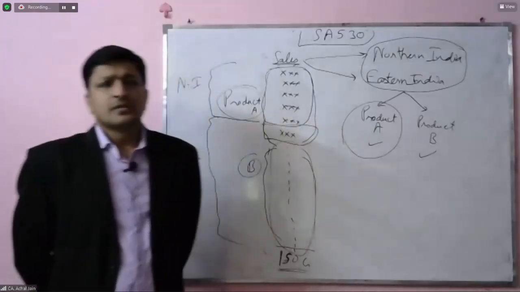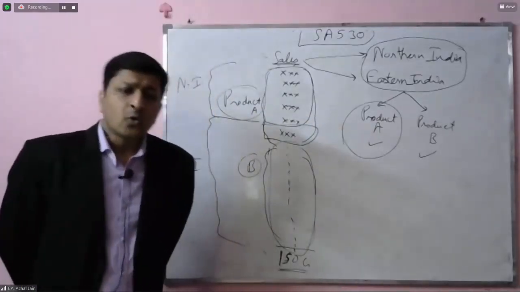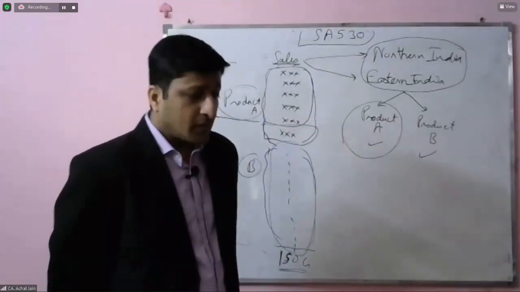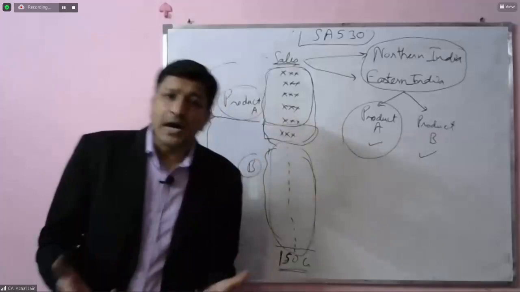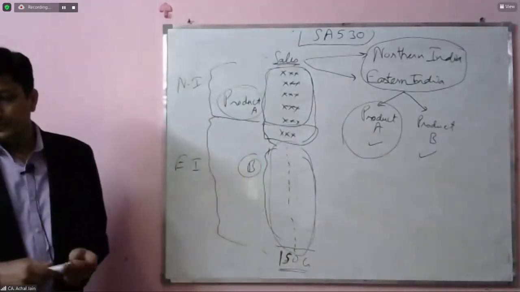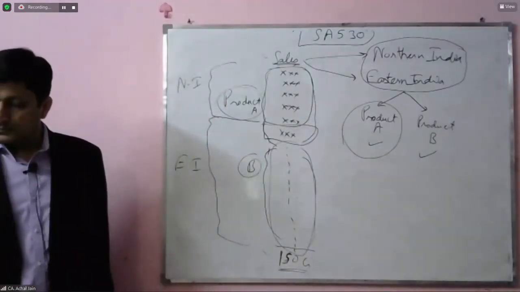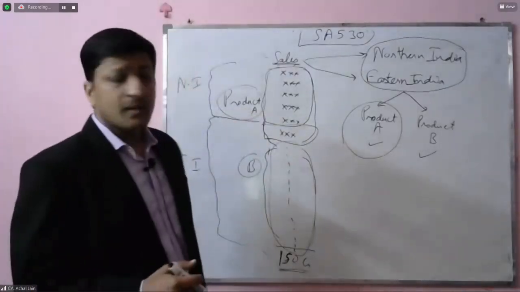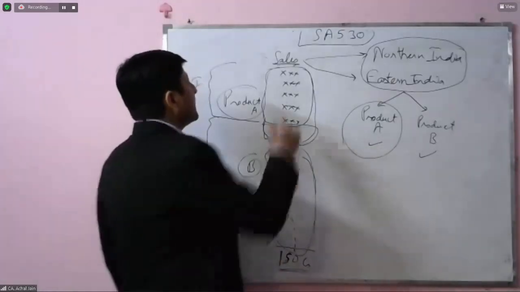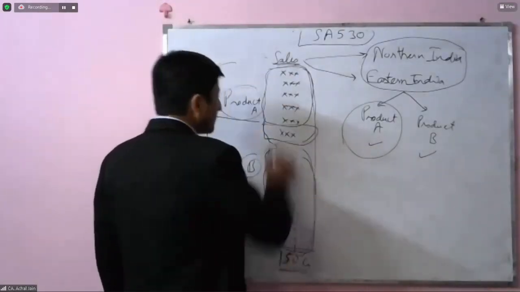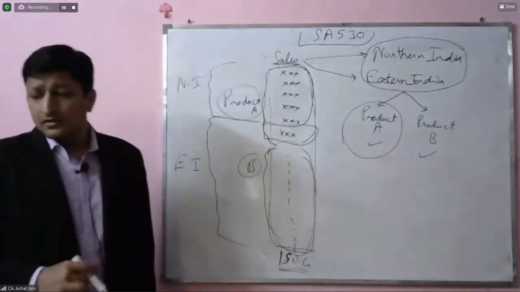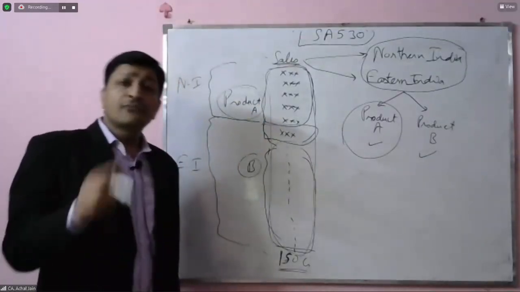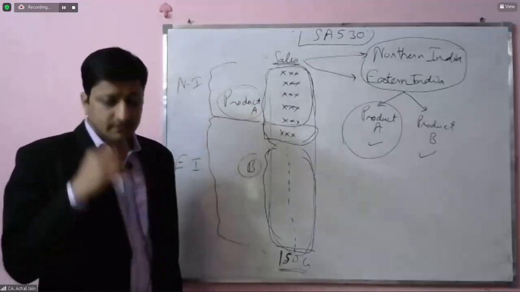Many a times, one common basis which most auditors follow is picking up high value items. For example, say this is the sales chart. In the sales chart, the auditor may want to ensure that the top 5 sales transactions are tested.